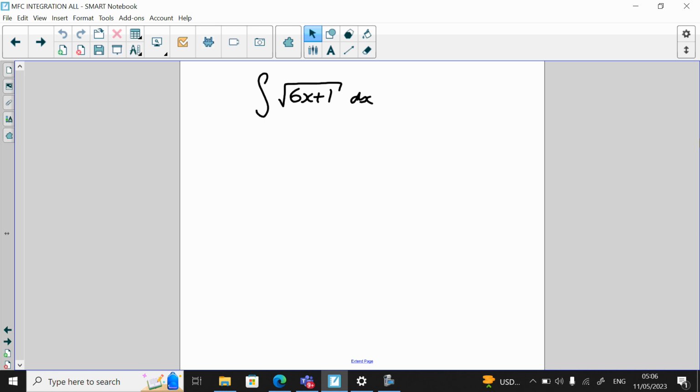Okay, square root of 6x plus 1. We don't like square roots, we need numbers here. So bracket that up, you know that the square root is a power of a half. So we've made an exchange here. Now follow the rule, because we have a rule for this. Increase the power by 1, so a half, when we add 1, it's 3 over 2. Let your calculator do the work.